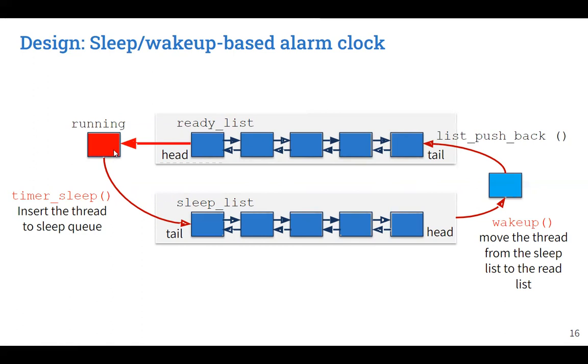So when the running thread calls timer sleep, we want to insert the thread into the sleep list. And then when it's time to wake up, we'll get the thread out of the sleep list and push it back to the ready list to schedule CPU time for the woken up thread.